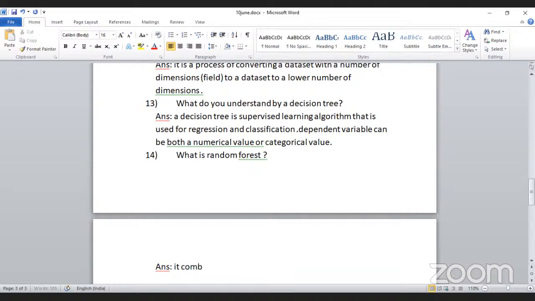It combines multiple models together to get the final output.